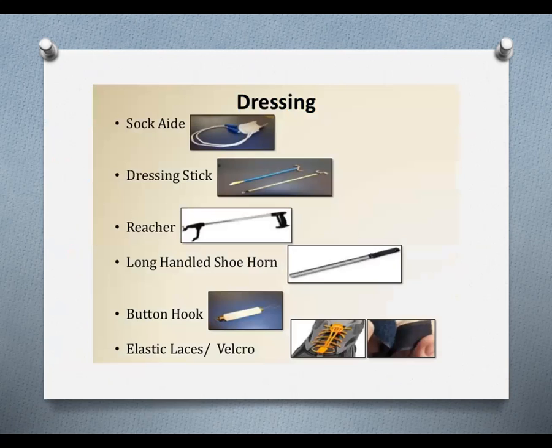These are some of the adaptive devices that are out there for you to encourage your residents to use. There's the sock aid, the dressing stick, the reacher, a long-handled shoe horn, a button hook, and elastic laces or Velcro for their shoes.